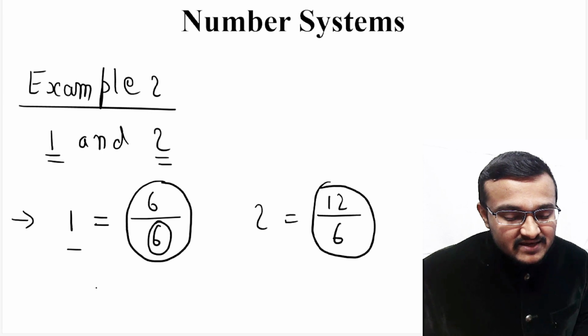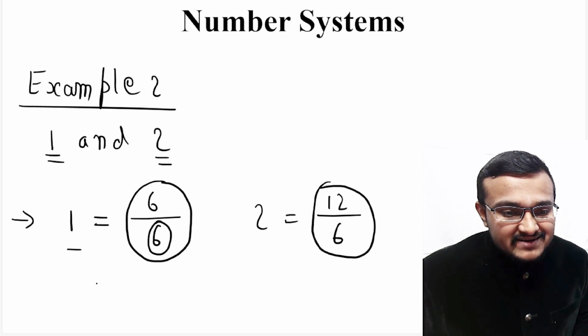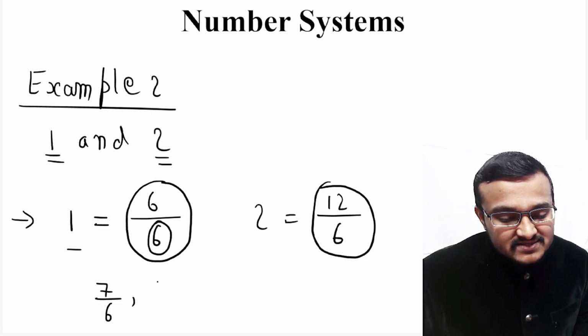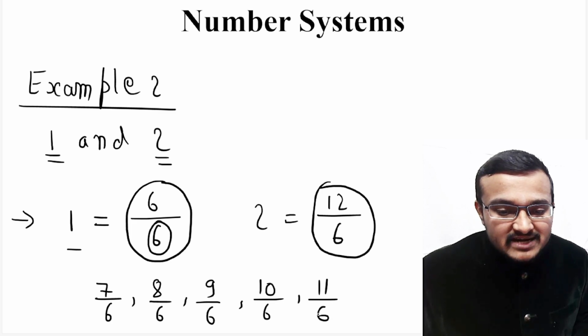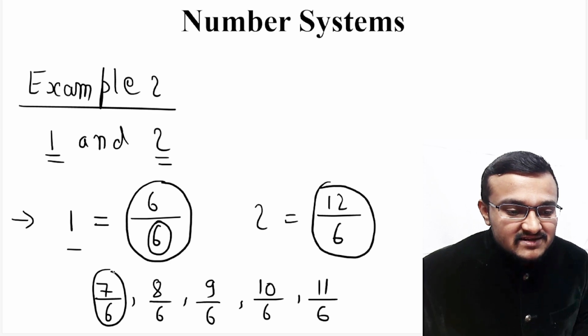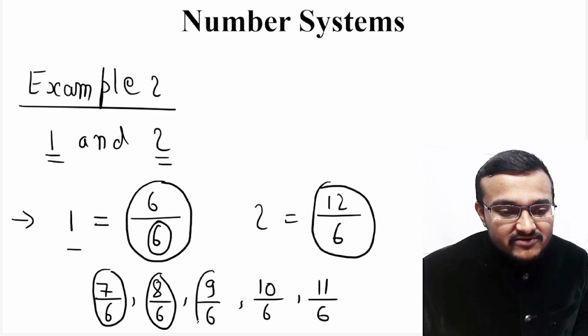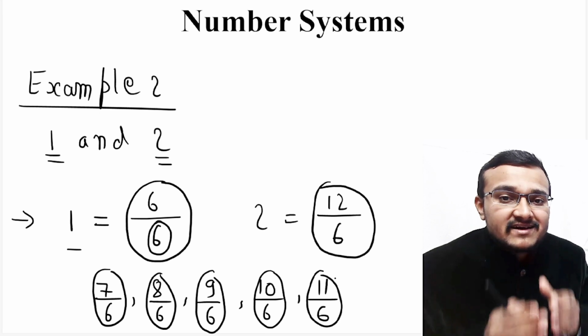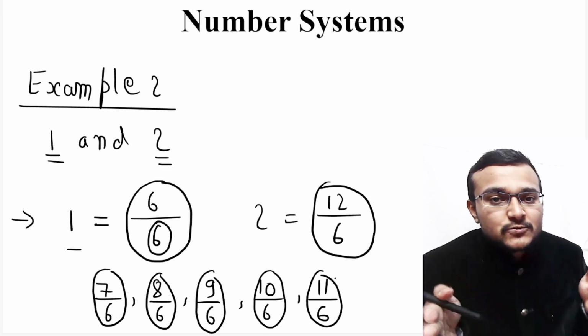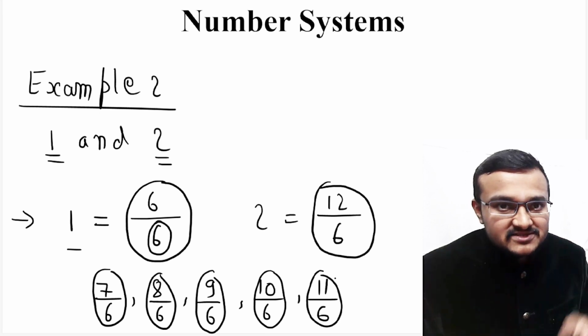So that means here you can write 7 by 6, 8 by 6, 9 by 6, 10 by 6, 11 by 6. So that means you got 5 rational numbers in between 1 and 2. So this is one method where you can find rational numbers between any two natural numbers or integers.